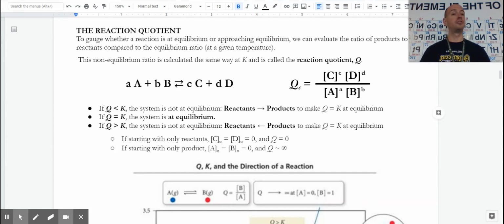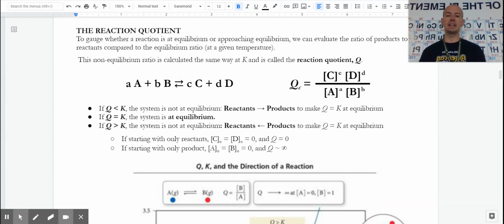So for this, you do a calculation, you plug some numbers in, and then we're comparing two numbers: Q, our current ratio of products to reactants, to K, our equilibrium ratio of products to reactants. When Q is smaller than K, that means that the top number is smaller and the bottom number is bigger, too few products and too many reactants.